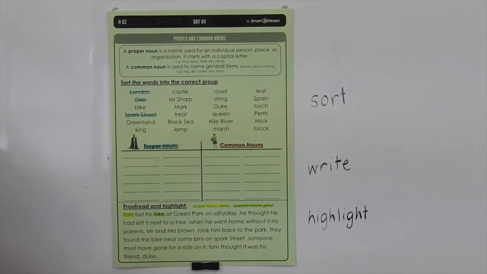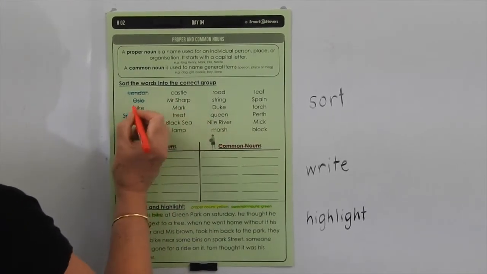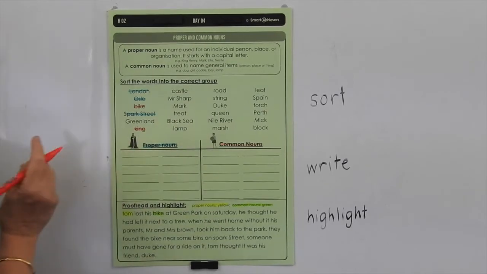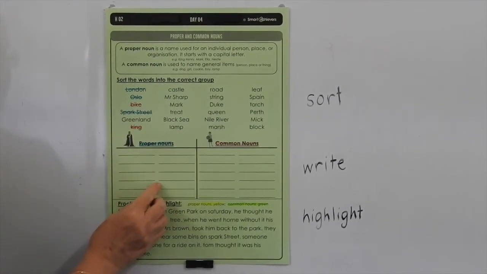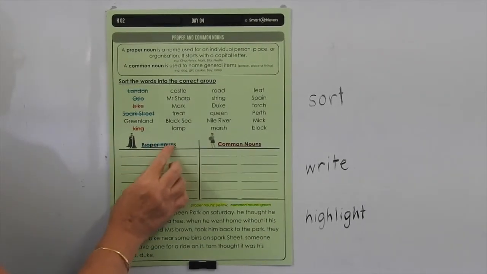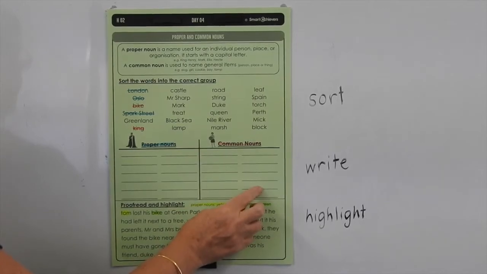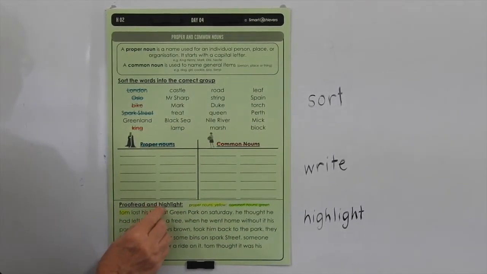You can finish those. Common nouns don't need a capital letter, so you could go through and just highlight them in a different colour. So then you could write all the blue ones here and the red ones there, all the proper nouns here that start with a capital letter, all the common nouns here that don't have a capital letter.